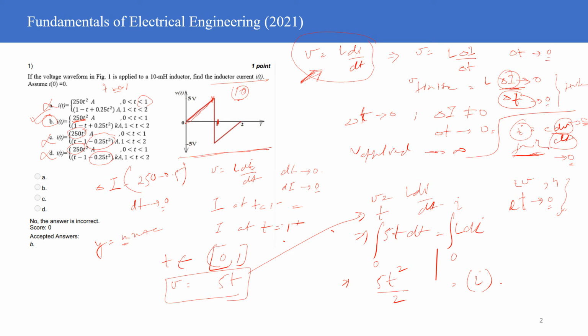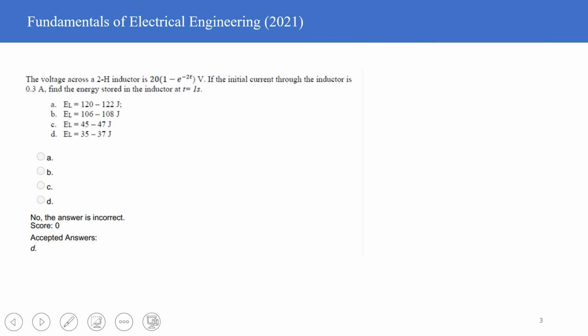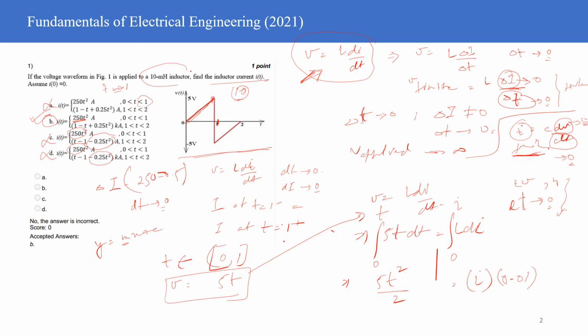But the value of L is given to you as 10 milli Henry. So L is nothing but 0.01 as per the question over here. So in this equation, you have just plugged in the value of inductor, and if you solve it, you will get i = 250 t square, right?